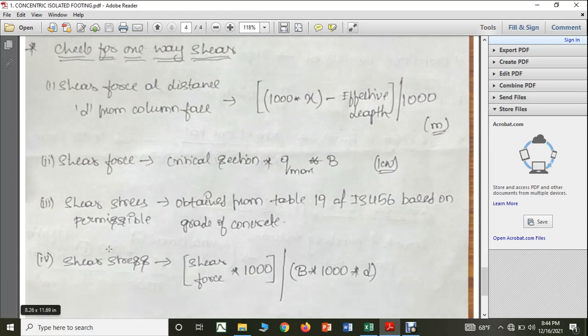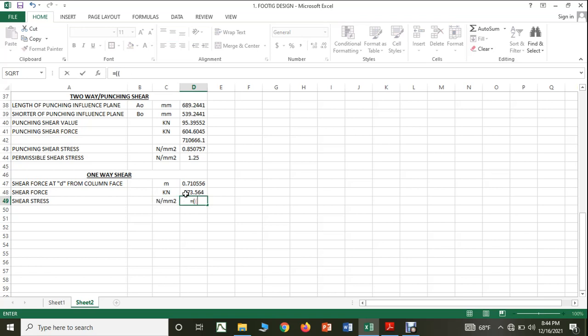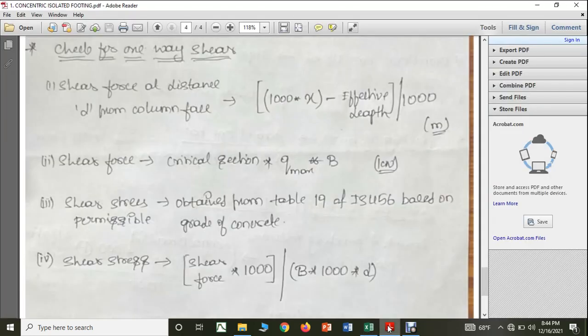Then what is your shear stress? The shear stress will be the shear force into 1000 by B into 1000 into d. Let us calculate shear stress, which I wanted in Newton per mm square. So shear stress is equal to this into 1000 divided by B into 1000 into d.